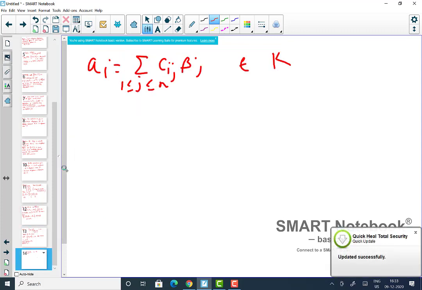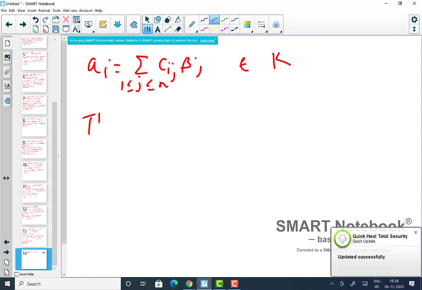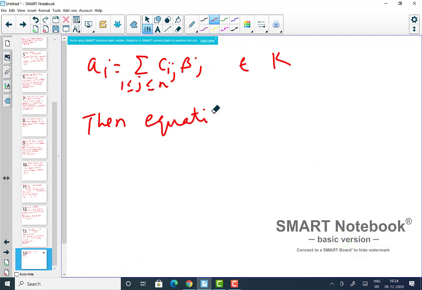So if you write ai equal to summation Cij beta j, then you can write down equation star in terms of the ai's.